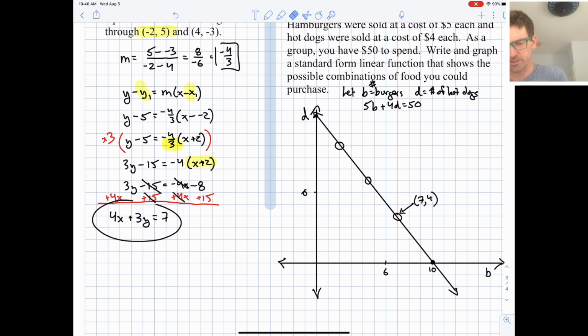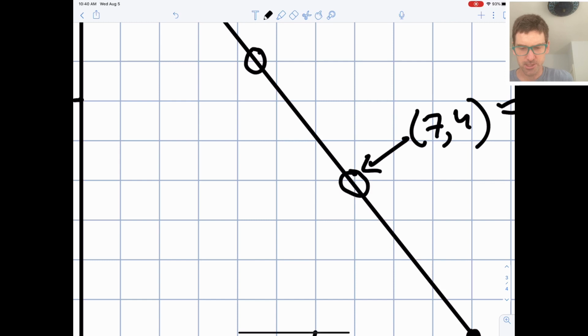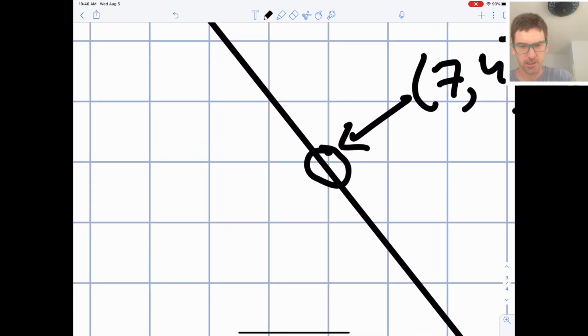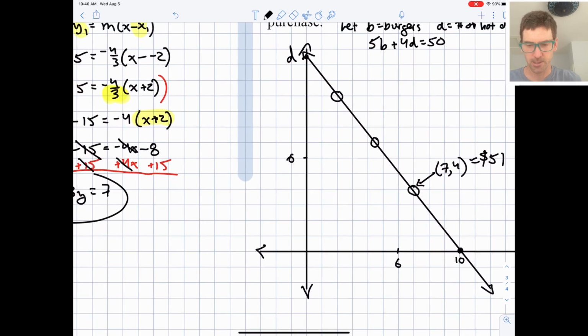So that would give us $51, and we don't have that much money, right? And I think maybe that's because, I'll see if I can blow it up in here, that point is actually a little bit above the line. So our line does roughly go below that point, which it should because we don't have $51 to spend.